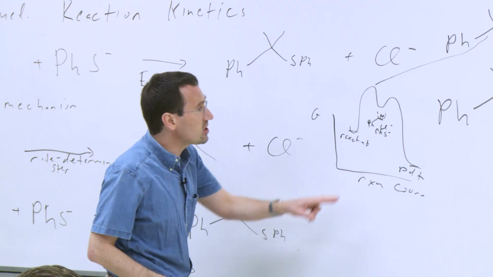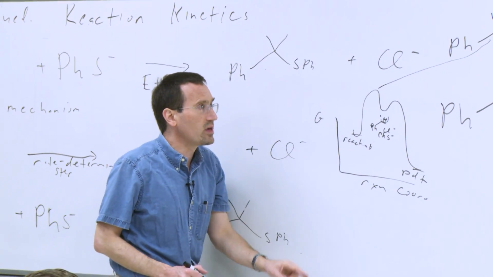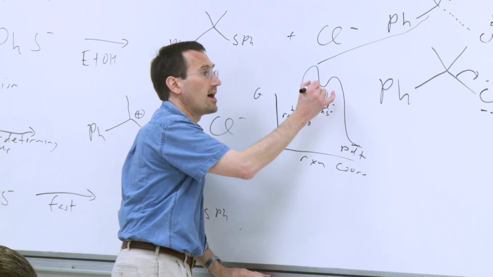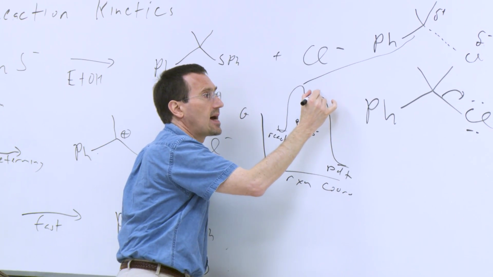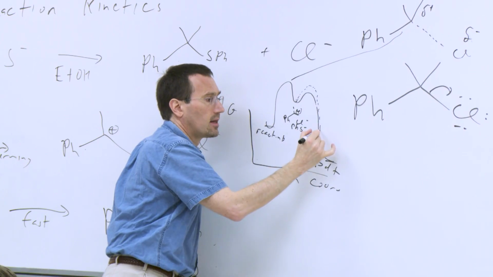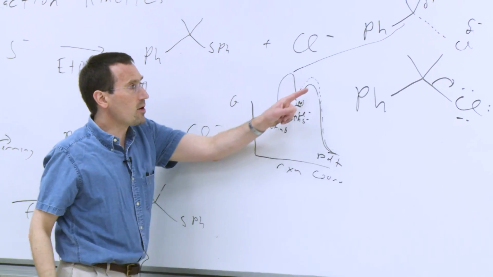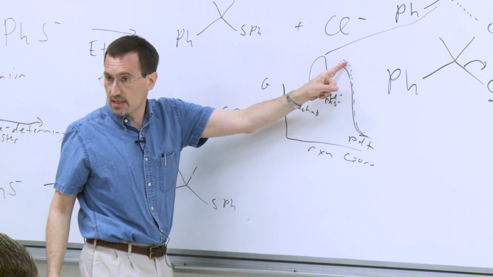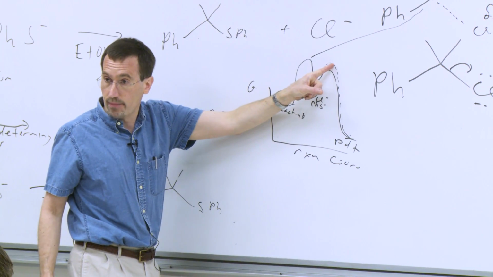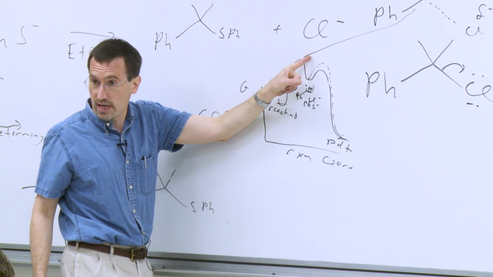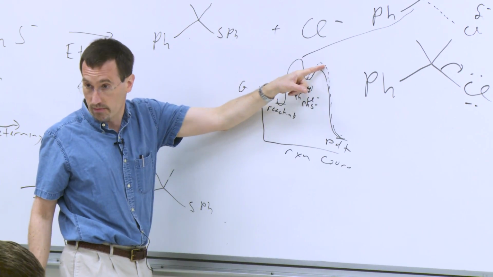And so our reaction free energy diagram with ethanol as a nucleophile would end up looking like this, and I'll draw it in a dotted line, like so, where we have a second hump. It's still lower in energy than the first step, but higher in energy than the other step.